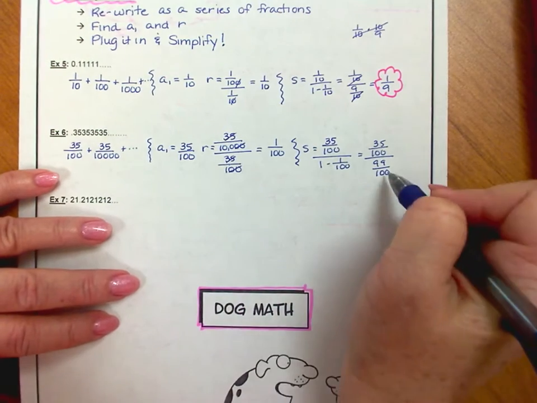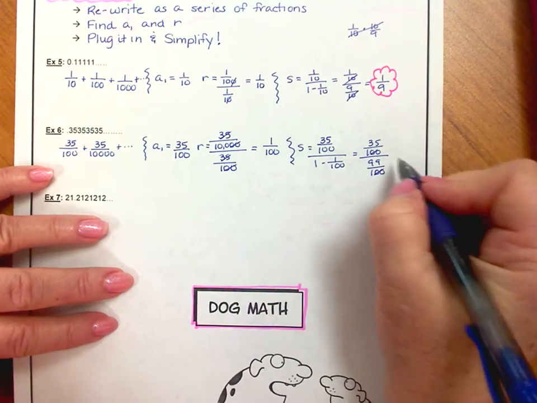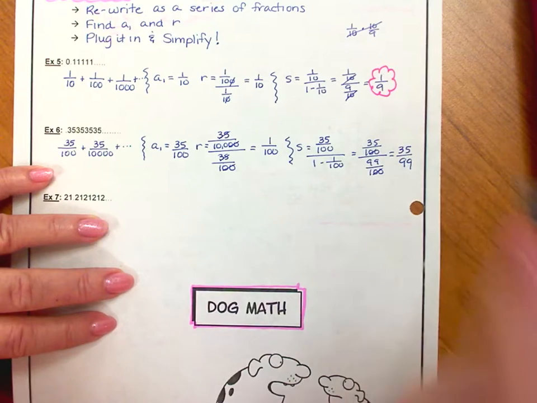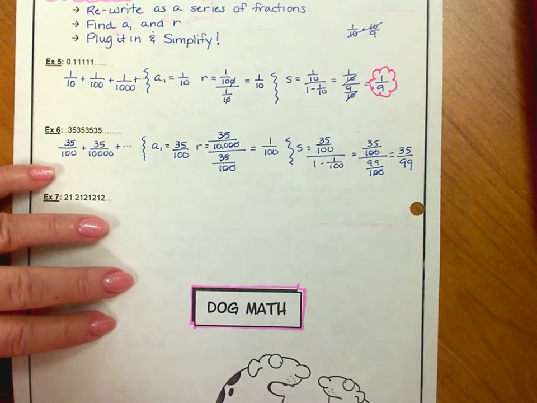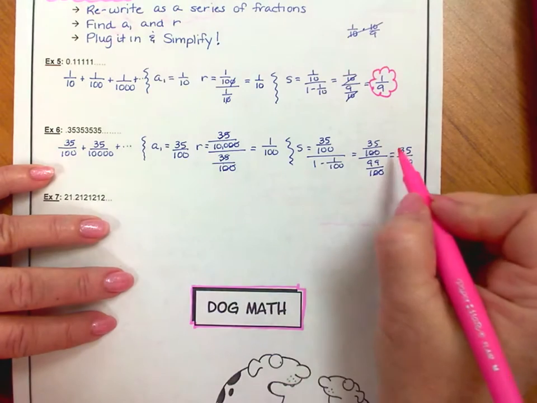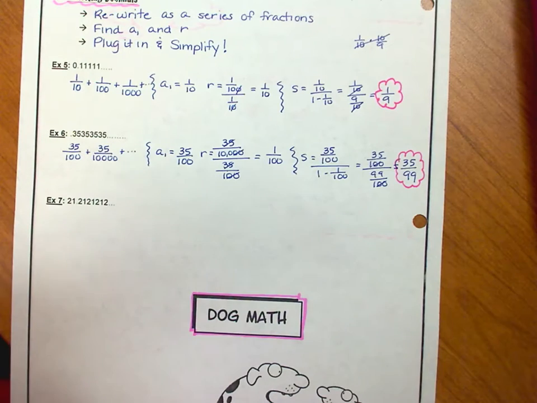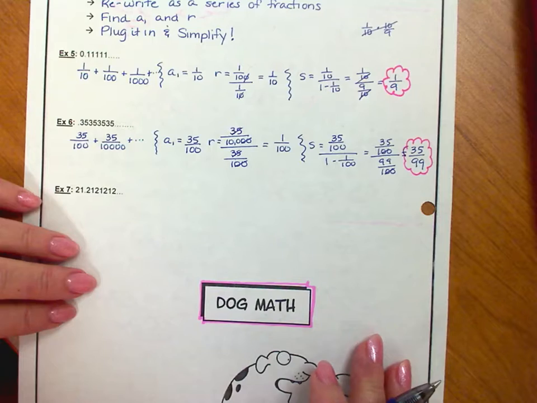I can cancel out my 2 zeros, and I am left with 35 over 99. Are you noticing a pattern here? Because we have a lot of patterns here. If you don't get it, ask me about it when I come back and I will explain it, because it's kind of a cool pattern.